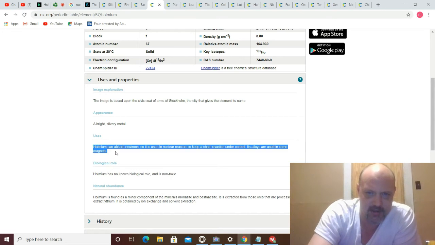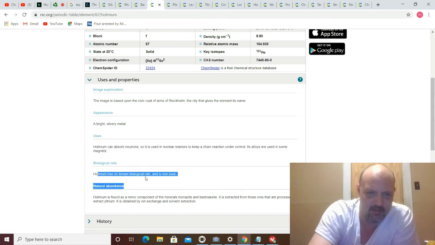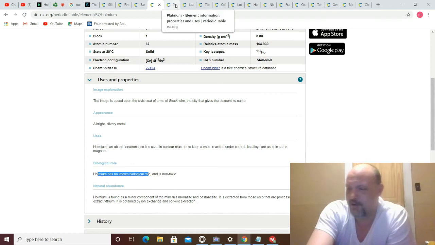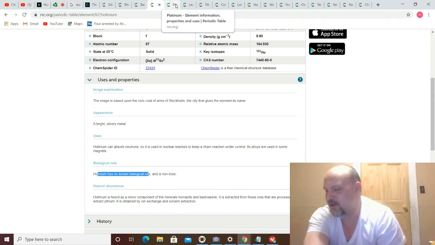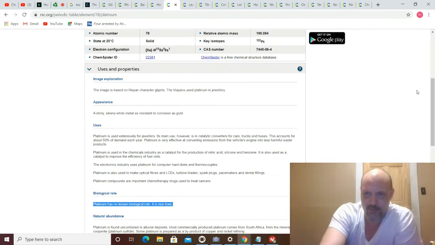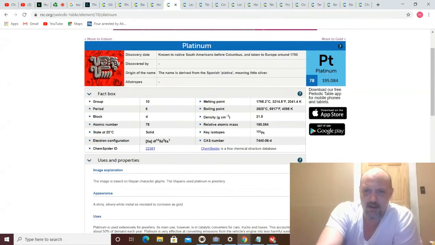And it's also sometimes used in magnets. Holmium has no known biological role, and it's non-toxic. But if you move on from that, you have atomic number 78, which ends up being platinum on the periodic table of elements. So there's 78, there's platinum.